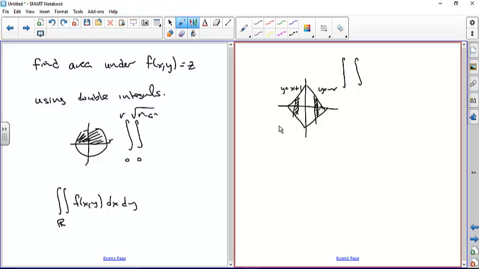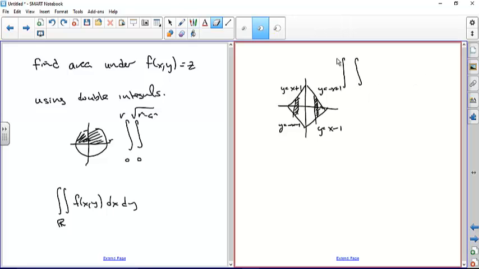And this would be the line y equals negative x minus 1, because it has a slope of negative 1 with the intercept of negative 1. And then this one would be y equals x minus 1. Actually, this one would be y equals negative x plus 1. So you've got x plus 1, negative x plus 1, negative x minus 1, x minus 1. Those are the four boundaries.